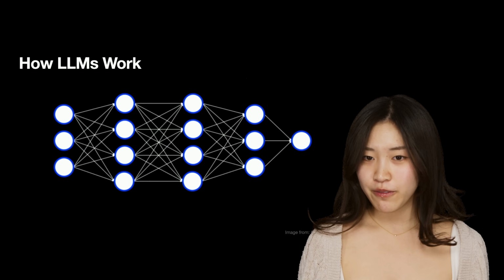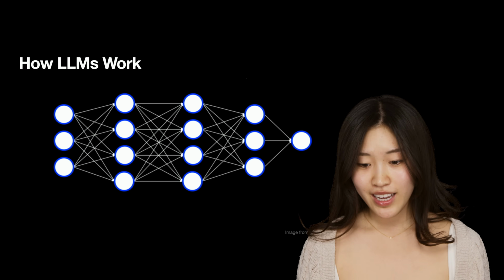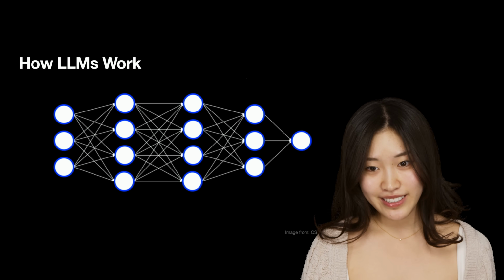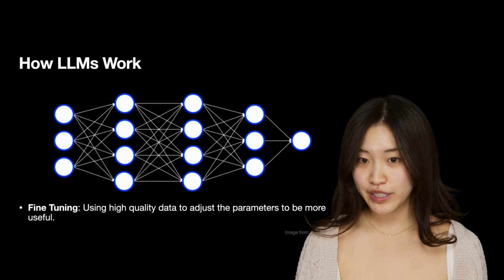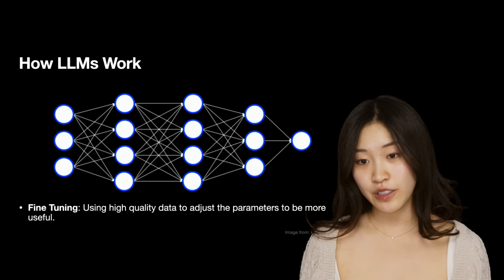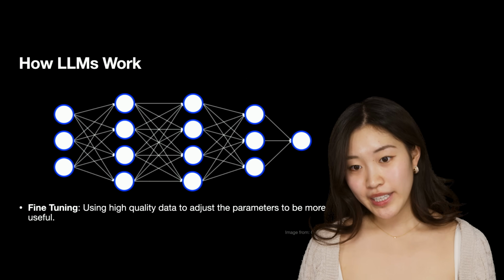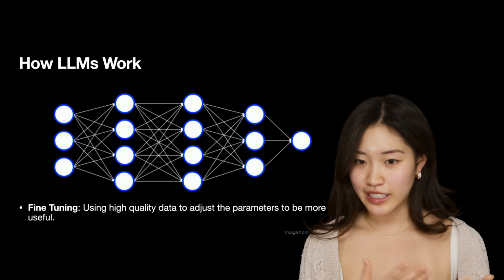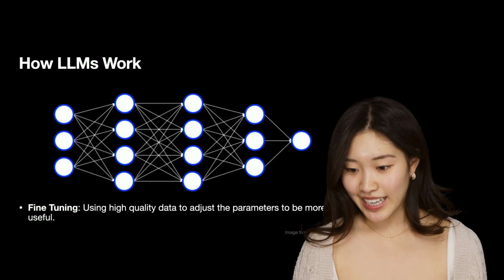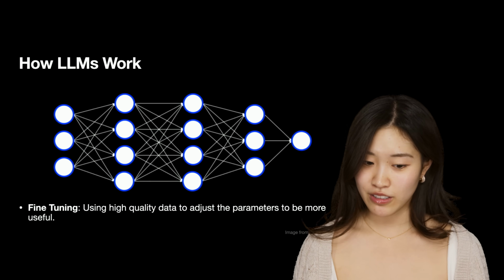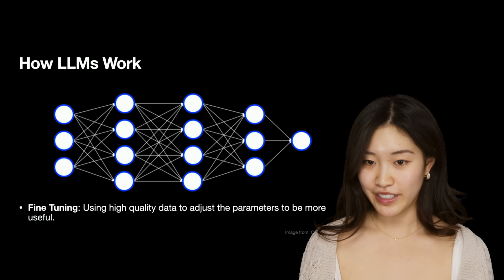But how do we go from twinkle, twinkle, little star to answering more complex questions? And that's where fine-tuning comes in. Fine-tuning is the process of taking a pre-trained language model and training it further on high-quality, task-specific data. Once people and companies recognized how powerful these models were at predicting languages, they began creating curated data sets, especially question and answer examples, to help the models learn how to respond more helpfully.